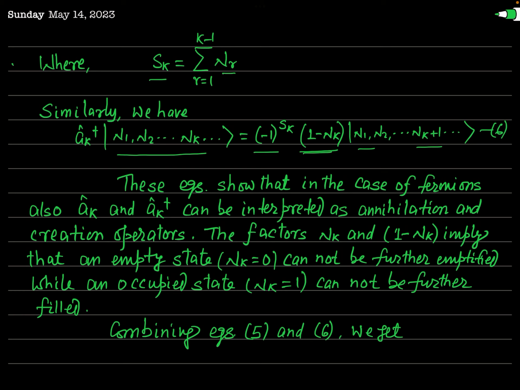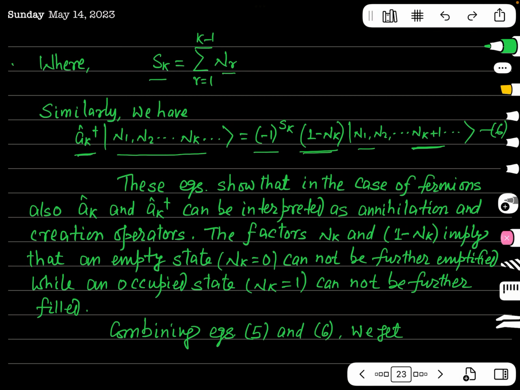So you can see that when our operator is ak hat dagger, the eigenvalue of the number operator is nk plus 1. So even in the case of fermions, ak hat dagger is recognized as a creation operator because its operation increases the eigenvalue by 1.